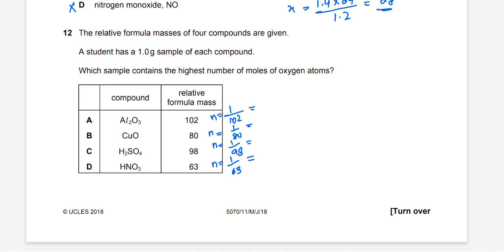So what we get here is some quantity. We'll have to use a calculator over here.